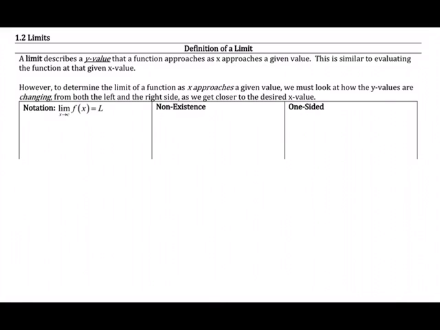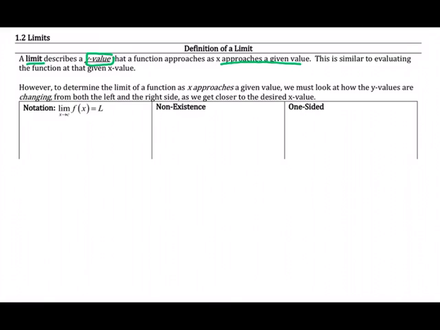In math, a limit describes the y value that a function approaches as it goes towards a particular x value. This is really similar to just evaluating a function.